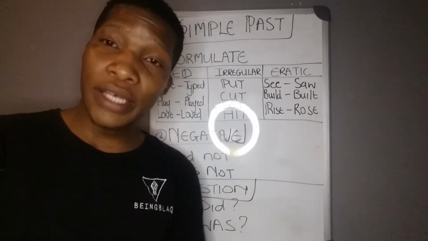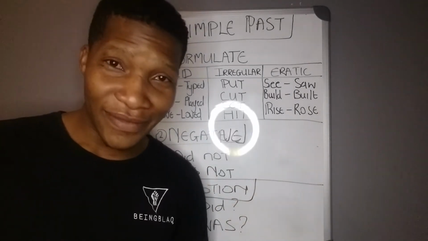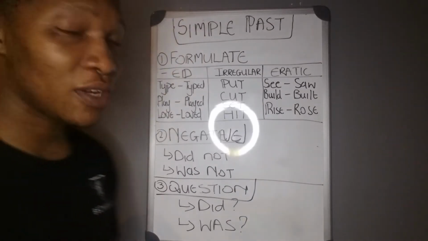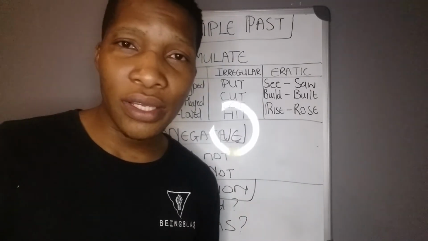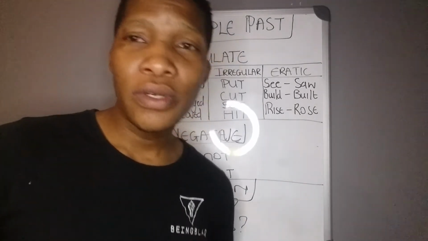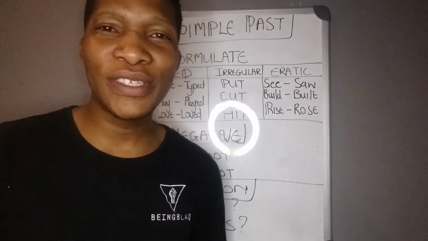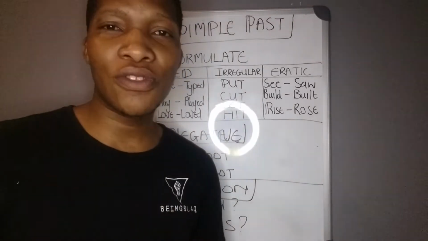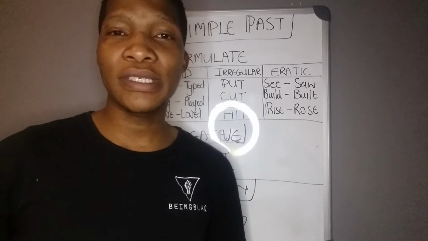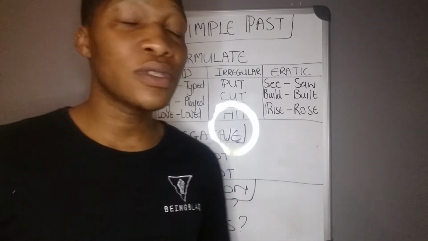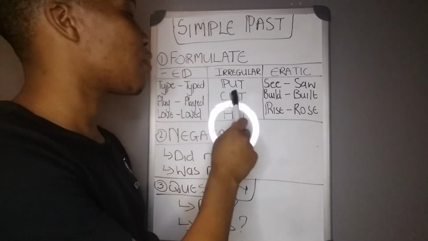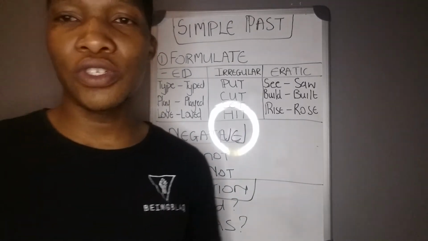Did you go to soccer yesterday? And the last one you can use: was it raining yesterday at home? There are many ways to use it, but these are the three main ways to use simple past tense. The most important are these three, so that you don't fall into the trap.